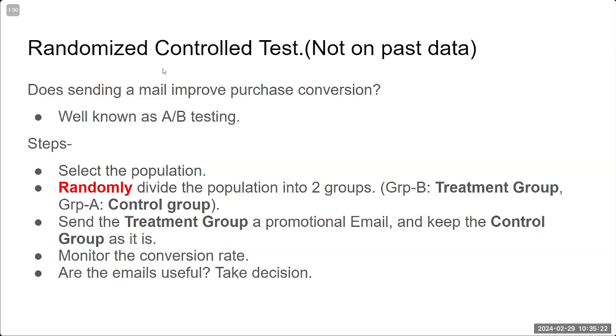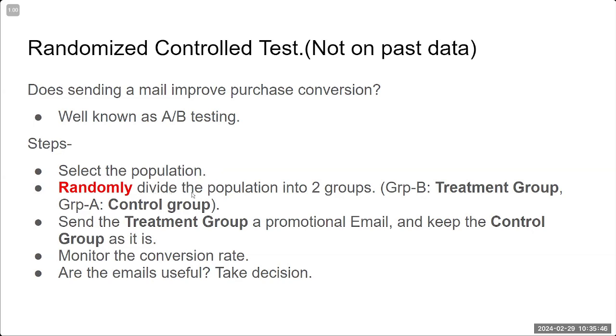Actually, what it does is a randomized control test. The idea is that from the total population, you select a group of users randomly from all the users on your e-commerce website.